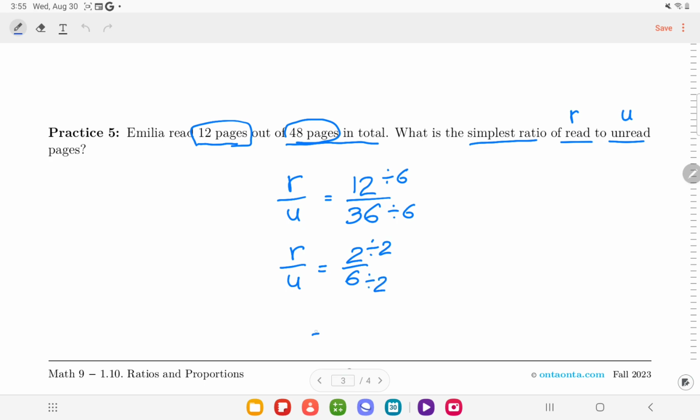And we find the simplest ratio is actually 1 to 3. So for one read page, there are 3 unread pages. If we wanted to find the ratio of read pages to total pages, we would have 12 over 48, which would give us 1 to 4.